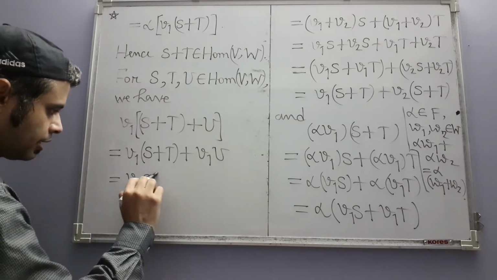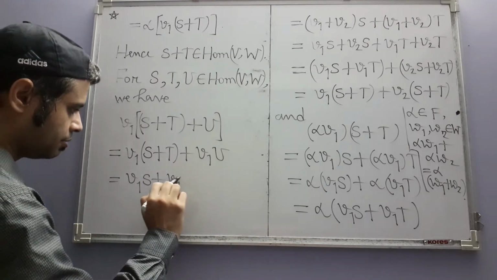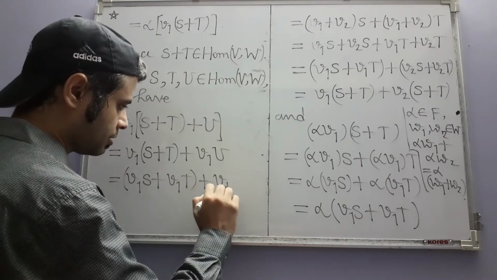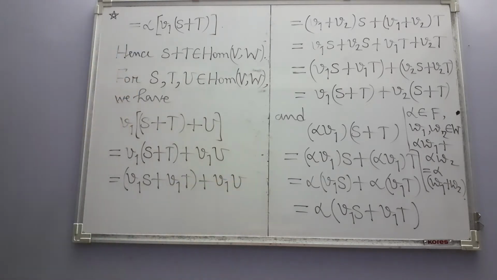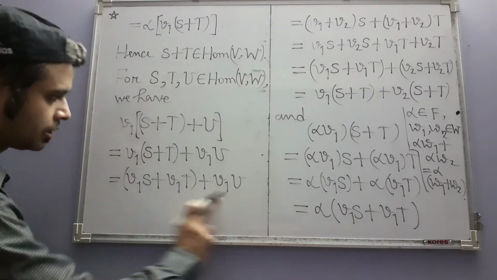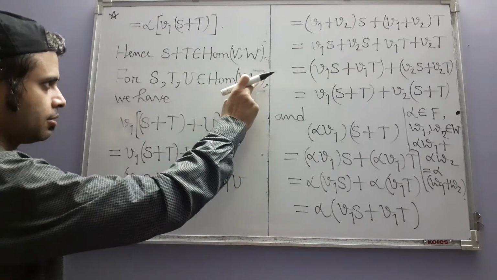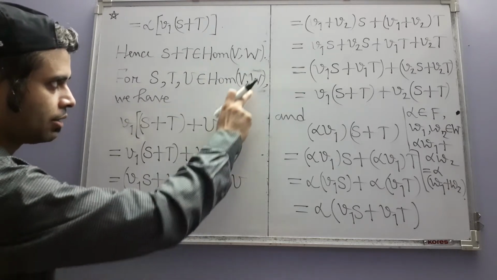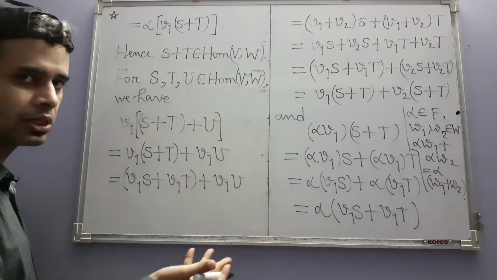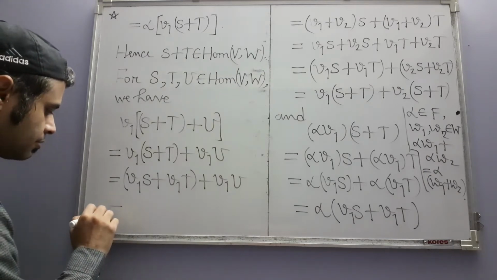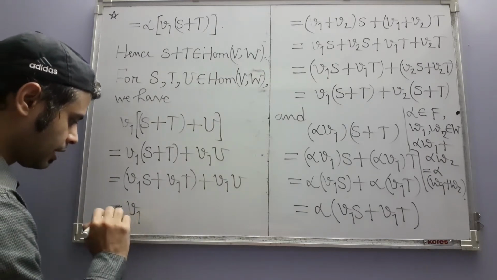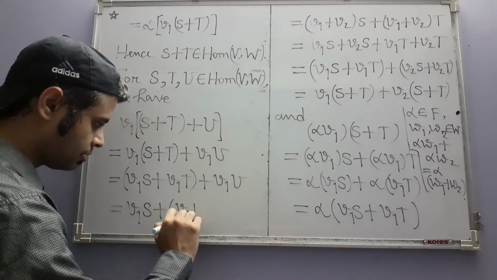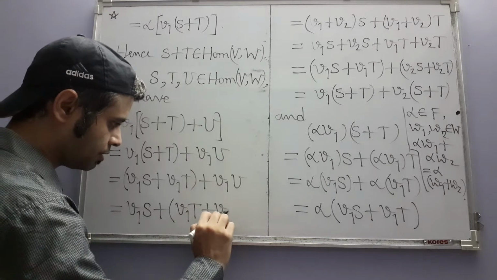You get the S image of V1 plus the T image of V1 plus the U image of V1. But this expression is a sum in the space W, where the sum that you see here is the vector addition in W, which we already know is associative. So this thing we can write as V1S plus V1T plus V1U.